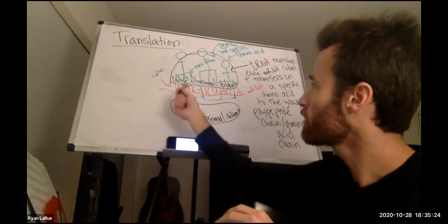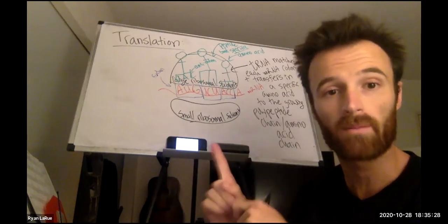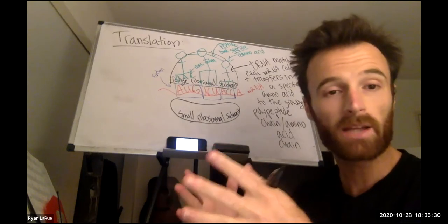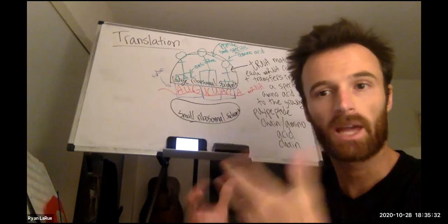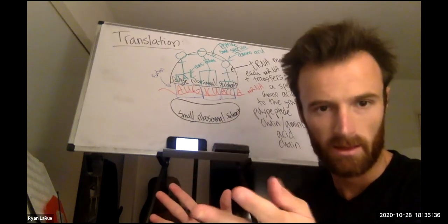So again, every 3 nucleotides of the mRNA sequence codes for 1 amino acid. And so we're going to take a look now at the genetic code, which is this amazing thing, and I'll tell you why.